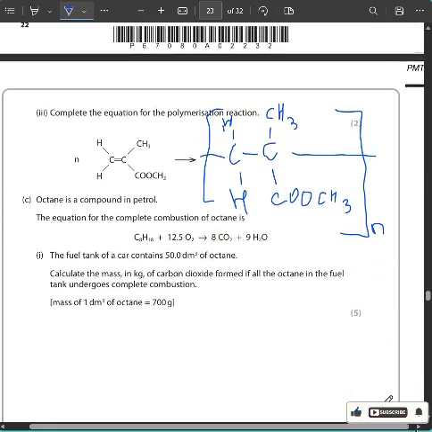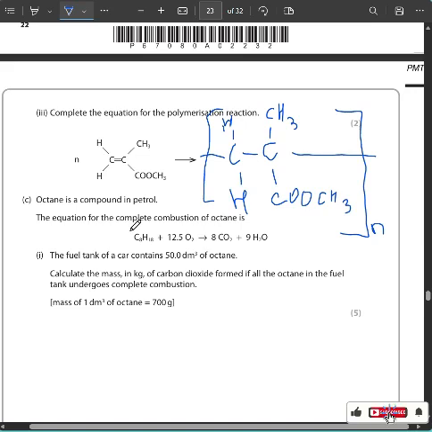Octane is a compound in petrol. The equation for the complete combustion of octane is C8H18 plus 12.5 O2 gives 8 CO2 plus 9 H2O. The fuel tank of a car contains 50 decimeter cube of octane.